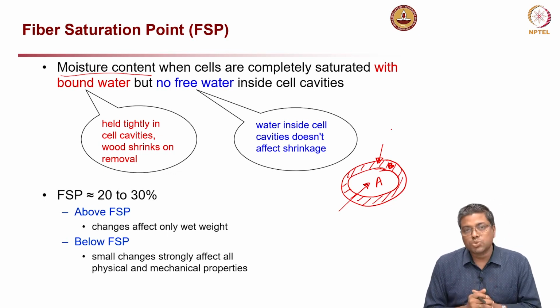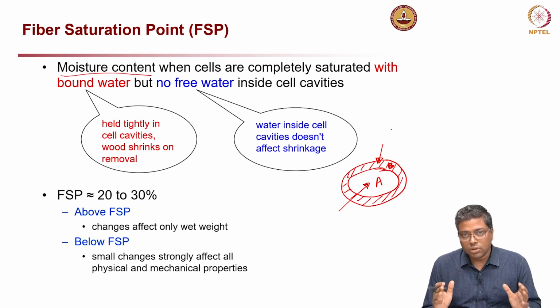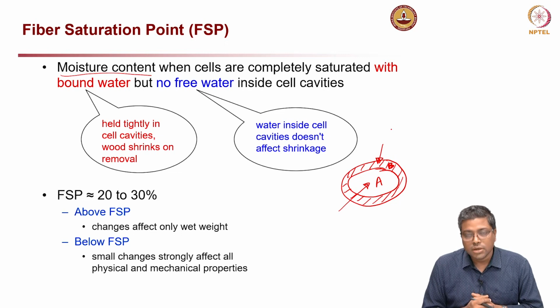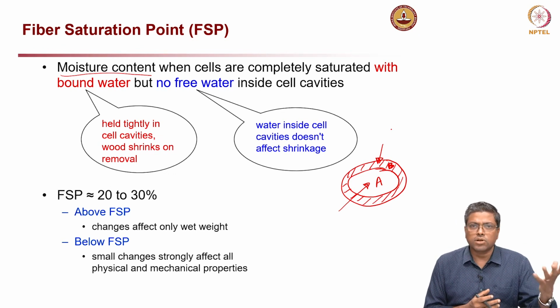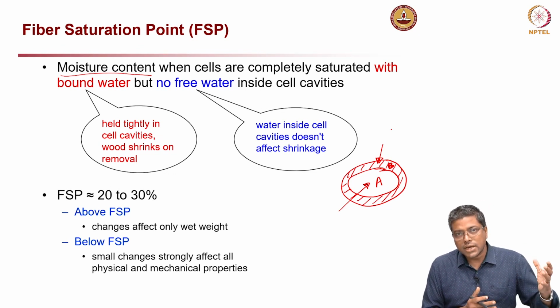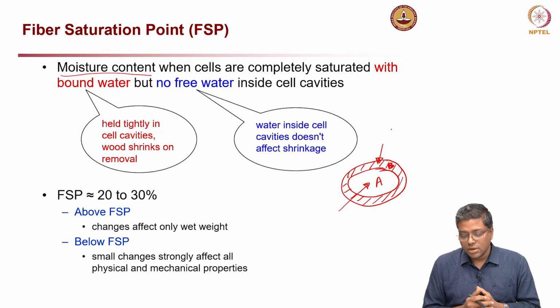Let me reiterate this once more. Let us say you take a new wood, you cut it, you are going to process it, and now you have to first dry that wood, right. Initially you will have a lot of moisture in the wood. As you start drying, first the water inside the cell cavities, that is region A, will start drying.